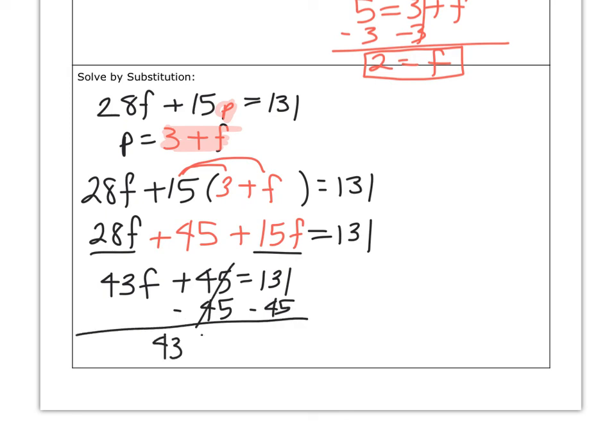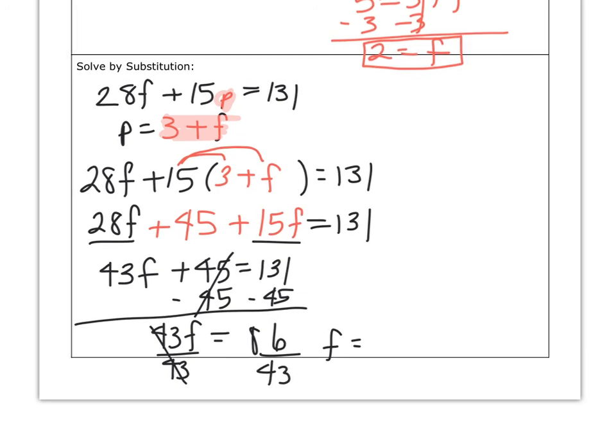So we have 43F is equal to 86. And if I divide both sides by 43, I get my number of fancy shirts equals, what's 86 divided by 43? 2. Which I already knew the answer to, but it's nice that I got the exact same answer again, right?